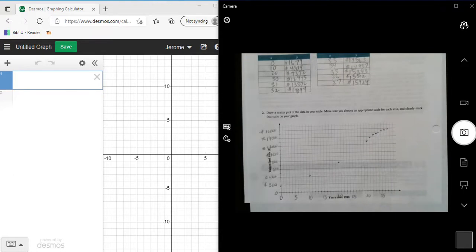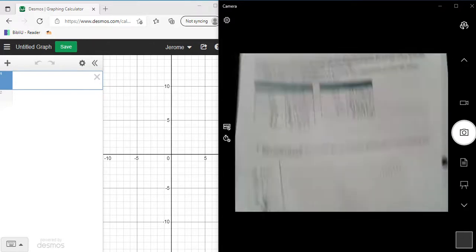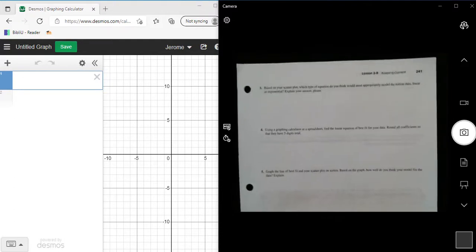It says here, based on your scatter plot, which type of equation do you think will most appropriately model the tuition data? Linear or exponential? Explain your answer. Okay, so your answer might vary. And we were talking about here with number 3. Your answer might vary here, but what I notice is like curving.